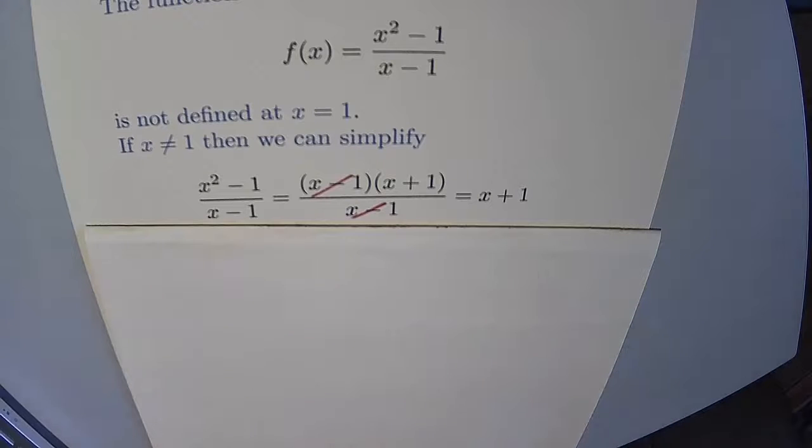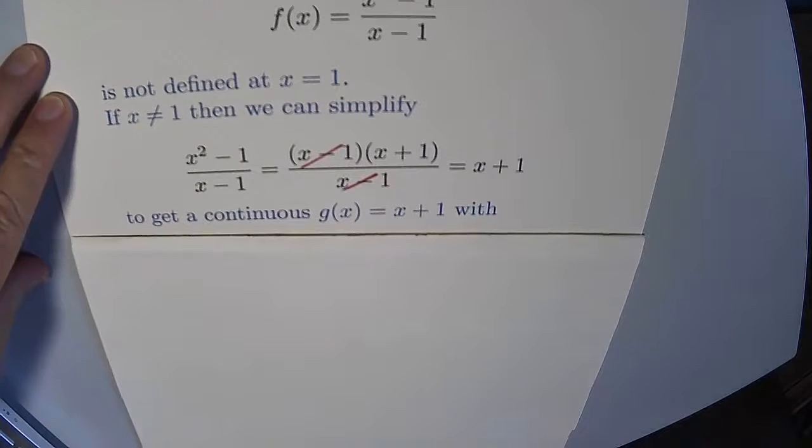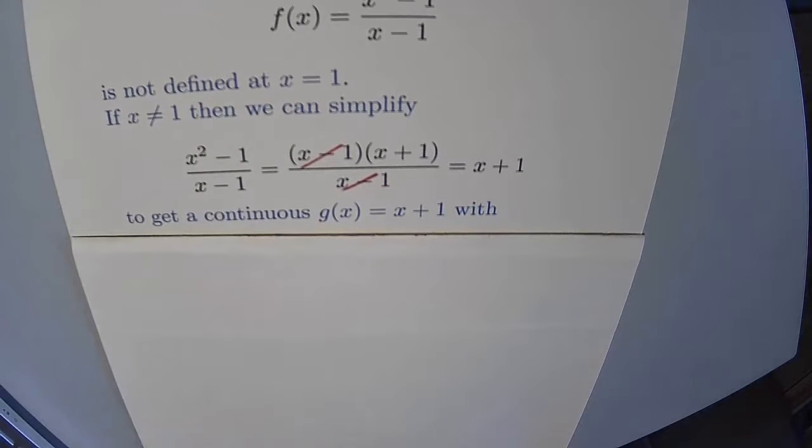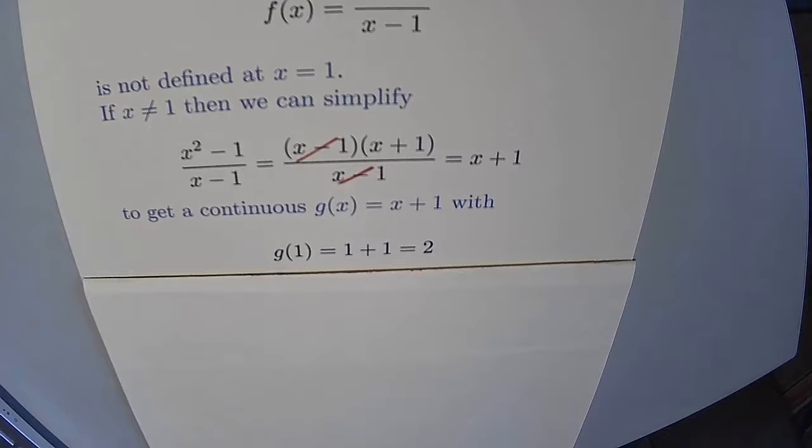What's left is x plus 1, and that is a well-defined function. Let's call it g of x. This g of x has no gaps or hole. Its graph is a straight line. It's a continuous function. And notice that g of 1 is in fact defined, and it is equal to 2 in this case.